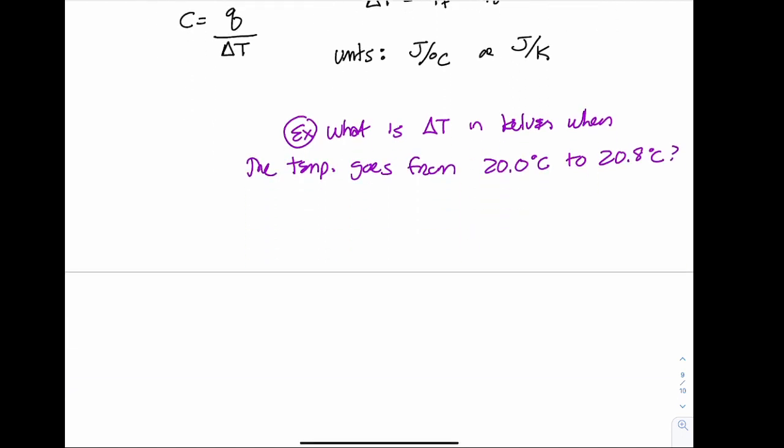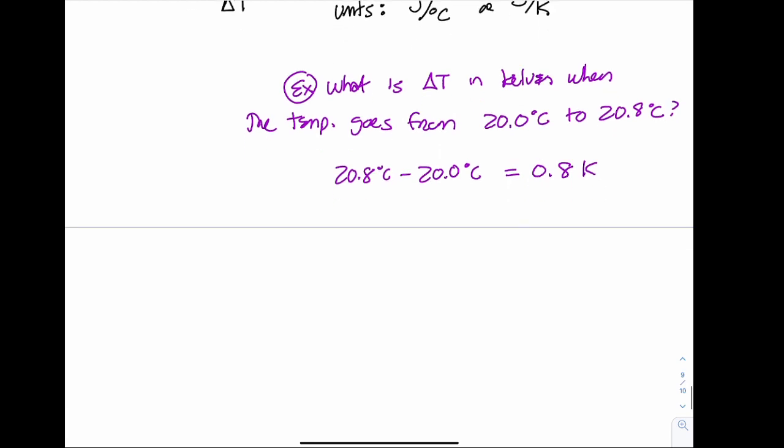The way I'm going to do this, and I'll explain, is I'm just going to take my final, subtract my initial, and I'm going to get 0.8 as my answer. I'm not adding 273 to 0.8 to get it to Kelvin because it didn't change by 273.8 degrees Kelvin, right? If I wanted to convert my temperatures to Kelvin, I would have to add 273 to my temperatures.